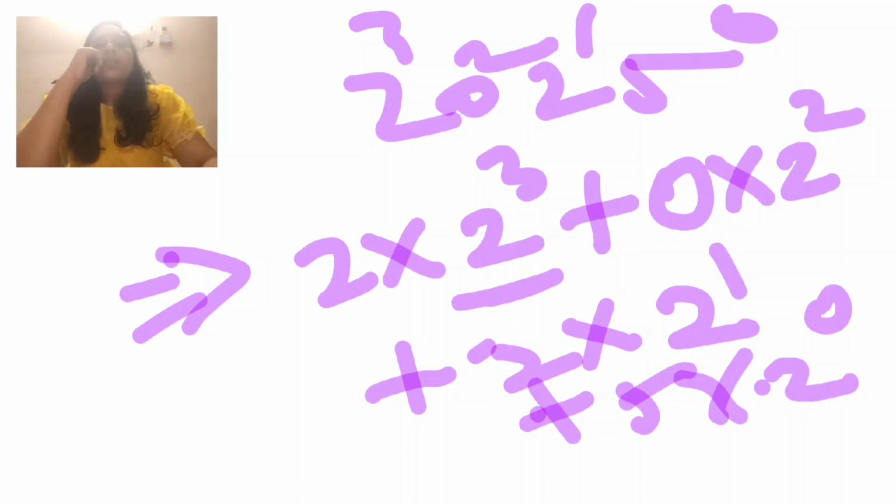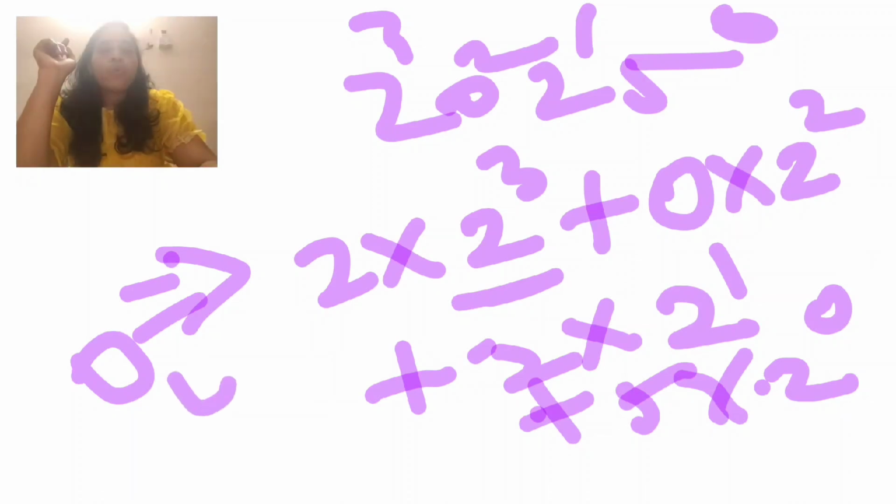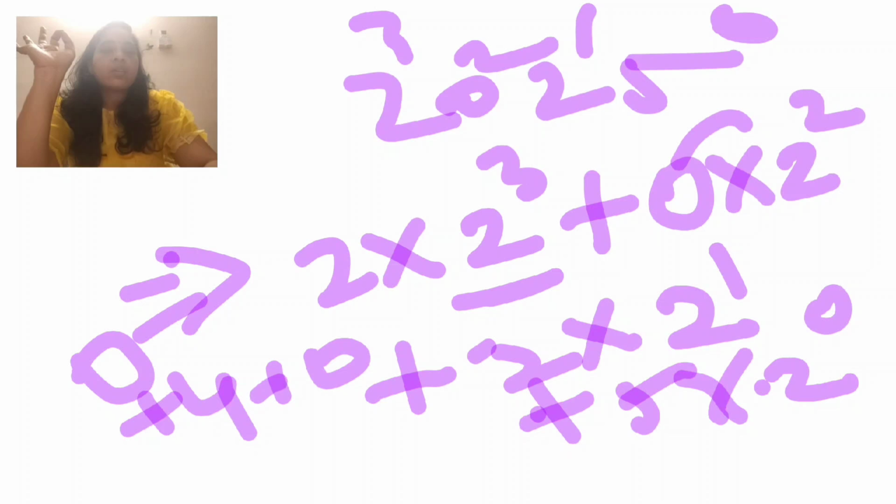Anything power 0 you can get the same answer, right? So you can get this similar answer. 2 power 1 is 2. So 2 2s are 4. And here 2 power 2 is 4, but if you multiply with 0, you will get the answer 0.